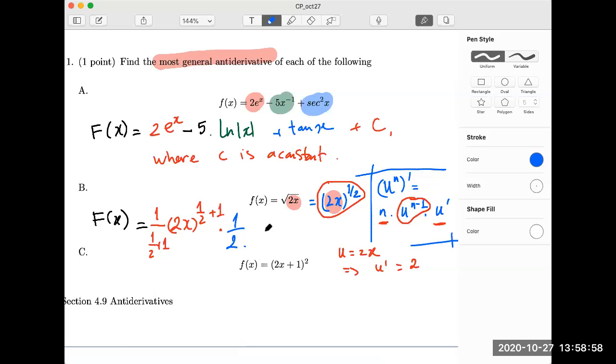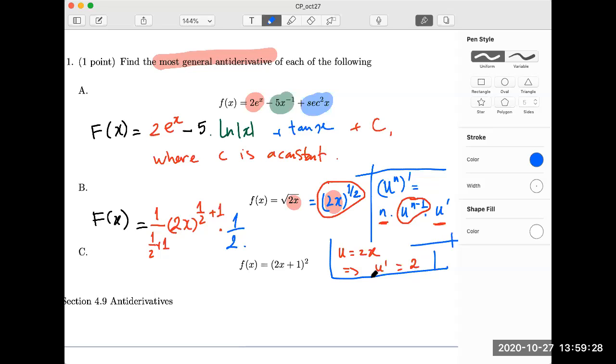It's a little hard to see, but do you all see it? Why did we divide by 2? This is the reason. Because u prime is 2, if u is 2x. Okay?